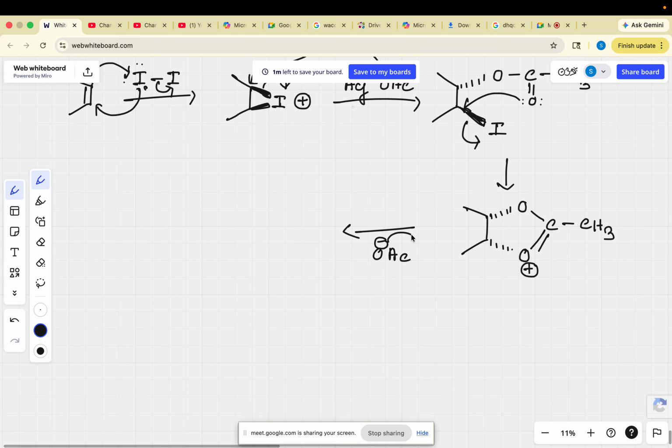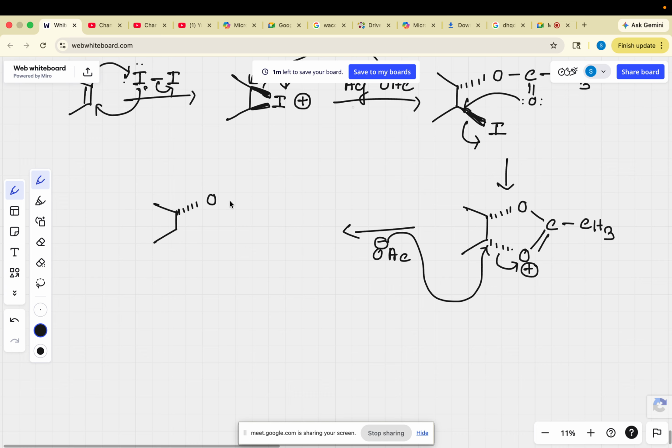So now OAc minus will attack on this carbon, and this oxygen is positively charged, so this bond will break, and ultimately this oxygen is getting neutralized. So what am I getting?